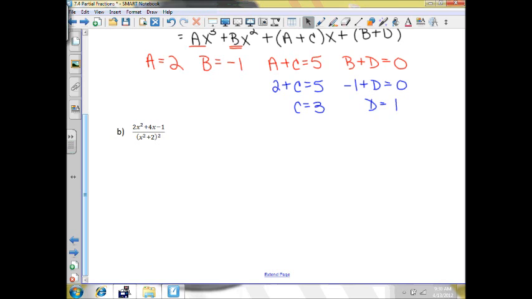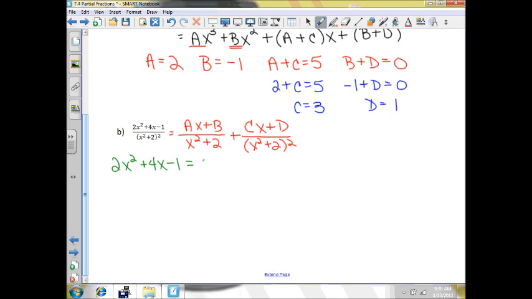Moving on to B, again, we'll have ax plus b over x squared plus 2 plus cx plus d over x squared plus 2 squared. Simplifying this, we'll have 2x squared plus 4x minus 1 is equal to ax plus b times x squared plus 2 plus cx plus d.